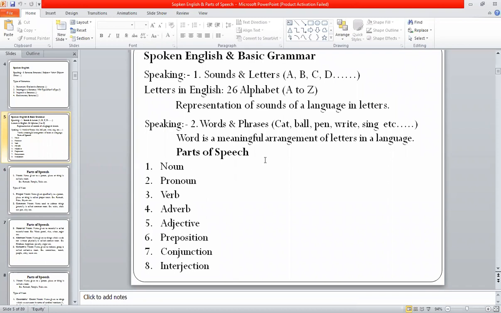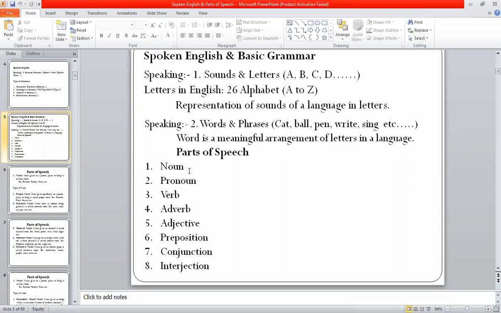The third is verb. The fourth is adverb. Fifth is adjective. Sixth is preposition. Seventh is conjunction. And eighth is interjection. So we will discuss them in this chronology.